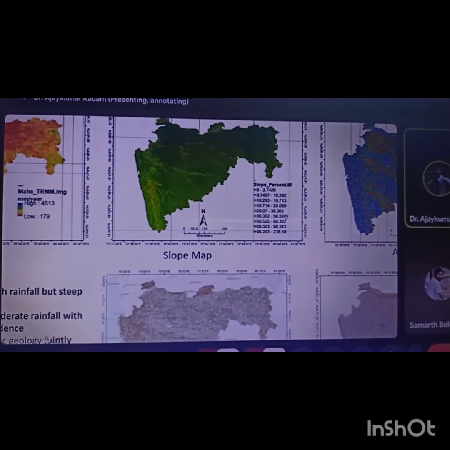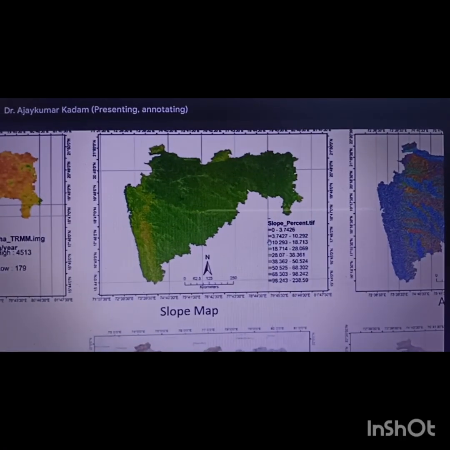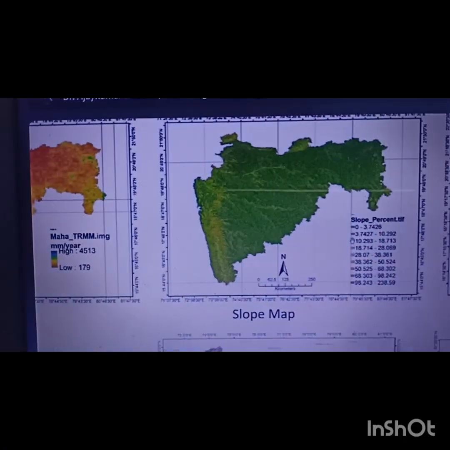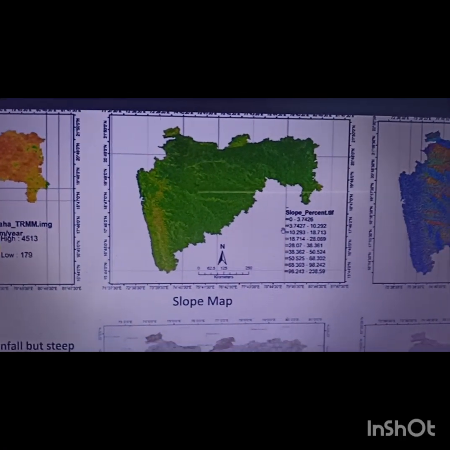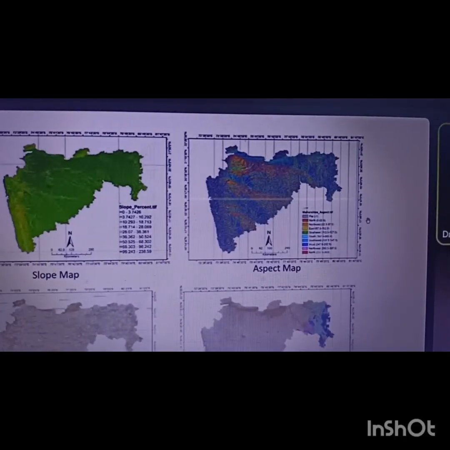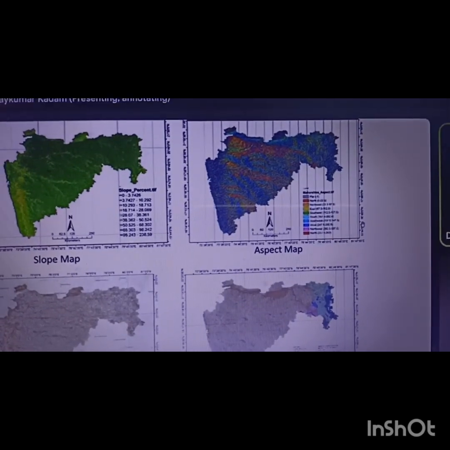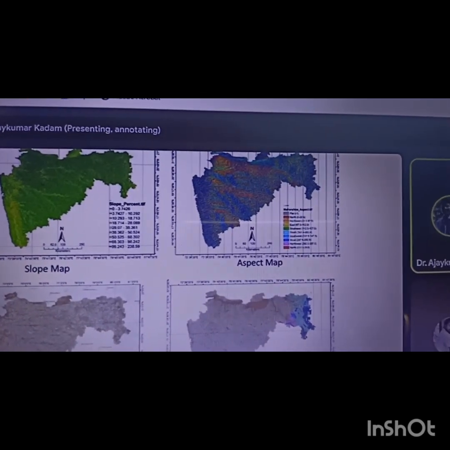Next will be the slope. If you want to identify the slope of any area, you can easily do it with the help of GIS and remote sensing. So this will be the slope map for our area, Maharashtra. Then there will be the aspect, that is how the slope changes in direction. Then we do the analysis of the topographical wetness index.